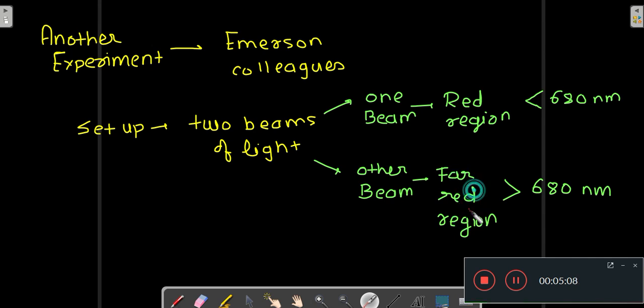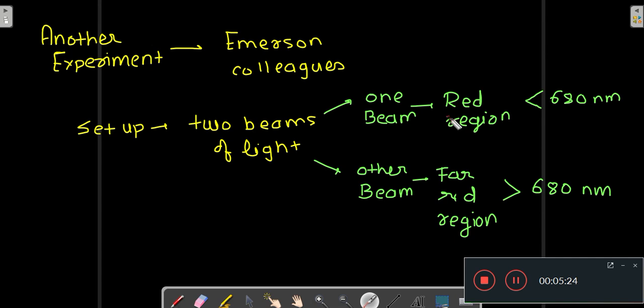That light had a wavelength greater than 680 nanometer. If the wavelength is less than 680 nanometer, then that is red region, and if the wavelength is greater than 680 nanometer, then that is far red region.